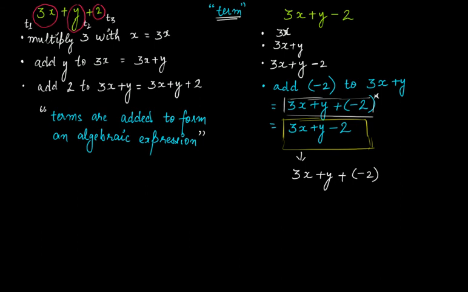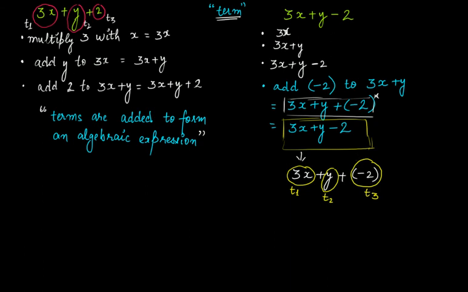So in this case 3x is one term, y is another term, and minus 2 is another term. If we denote them t1, t2, t3, then it satisfies the definition, that is, terms are added to form an algebraic expression. Terms have been added here: t1 plus t2 plus t3. What's t3? t3 is actually minus 2.